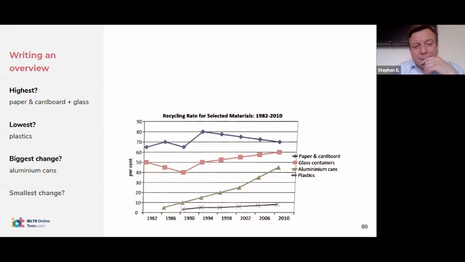Aluminium cans. Smallest change. Okay, good. Yeah, plastics. Righto, very good. So how are you going to start your overview? What word are you going to use? What transition signal? So Mohammed, Sky, yeah. So that's all you need to use. So you don't need to use in conclusion because that means you're going to offer an opinion. So just use overall.